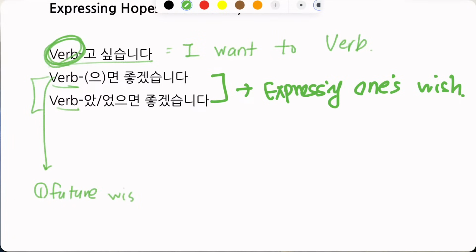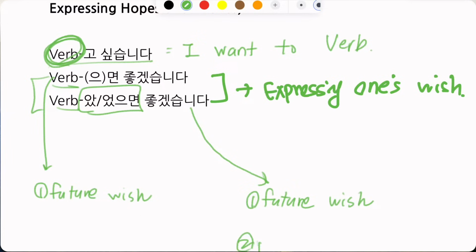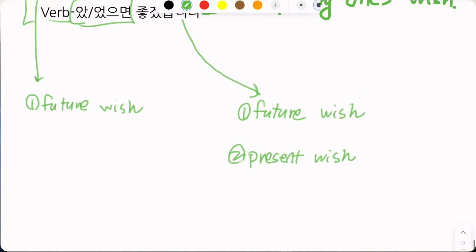Future wish, like I hope this happens in the future or in the near future. 근데 verb 았었으면 좋겠습니다 can also be used not only for future wish, but for present wish as well. What you wish were different now.